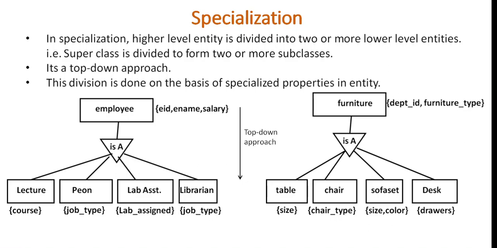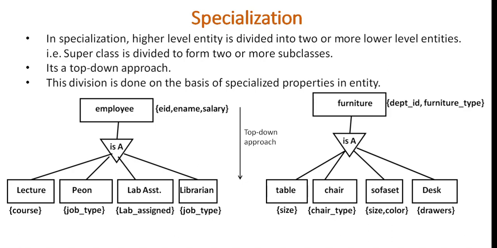Suppose employee is a higher level entity, then that employee can be a lecturer, a peon, a lab assistant, or a librarian. Here employee ID, e-name and salary are the common attributes.